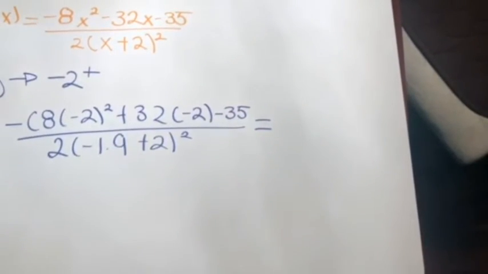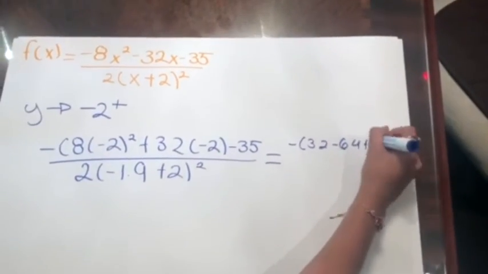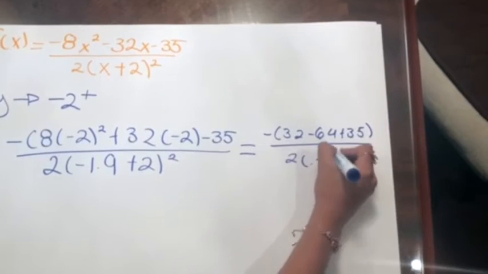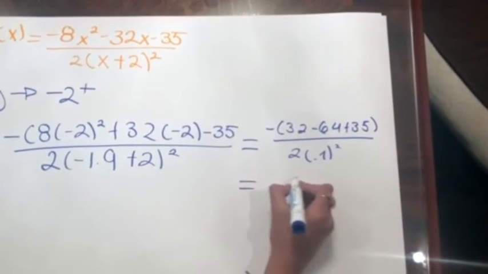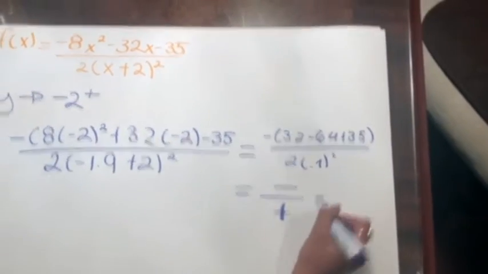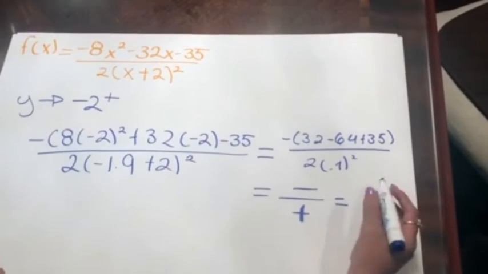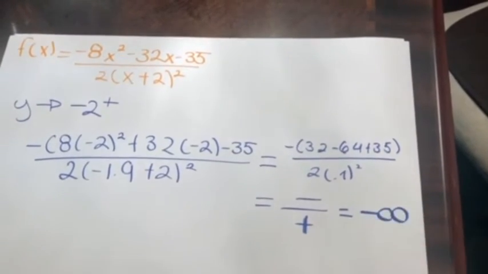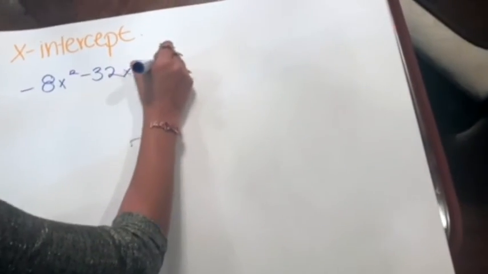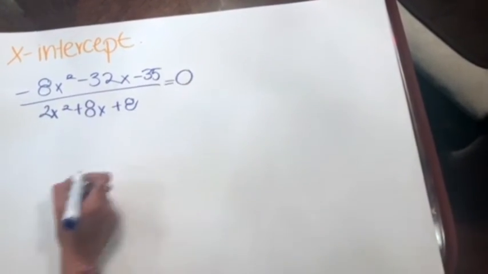Also, our principal goal is to get the signs. So this will equal minus over plus, and this means that the behavior after minus 2 will go to minus infinity. The following step is to get the x-intercept. To get it, we're going to equal our whole equation to 0.